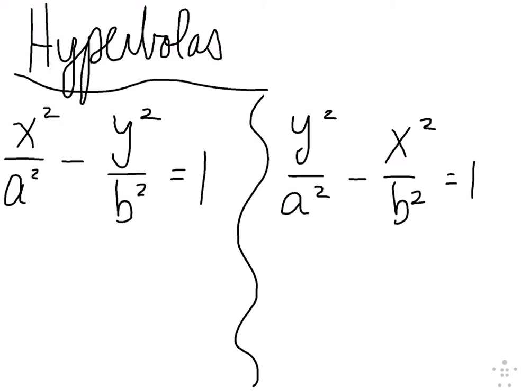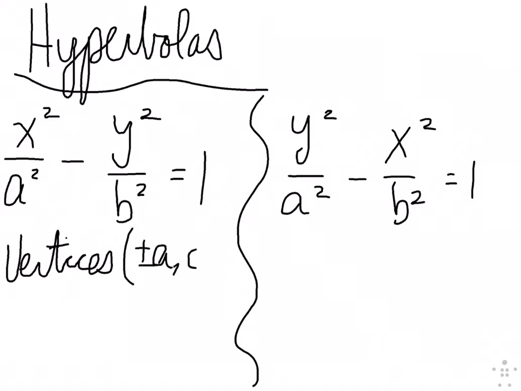Now, the things that you're going to have to know, first of all, are vertices. Just like before, we had vertices. Again, the reason why it's plural is because you're going to have 2 of them. And on this first one, it's going to be plus or minus a, 0.